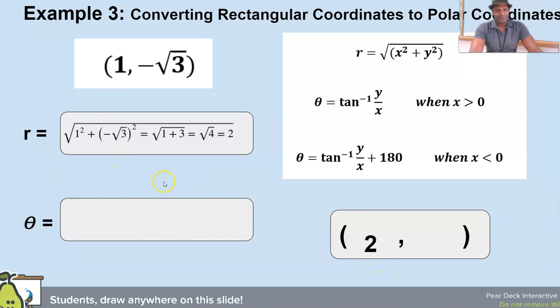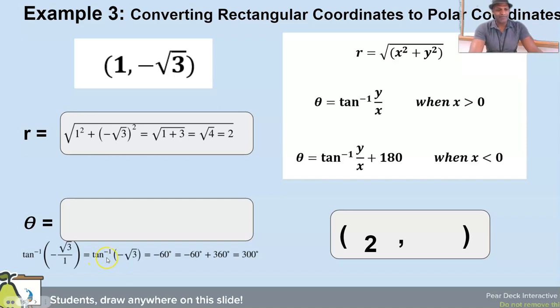For theta, we use one of these two formulas. Notice that x is positive, so we use the first formula: the inverse tangent of y over x. y over x is negative square root of 3 over 1, which simplifies to negative square root of 3.